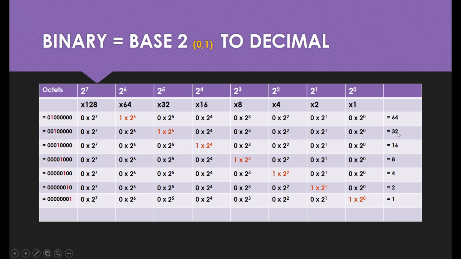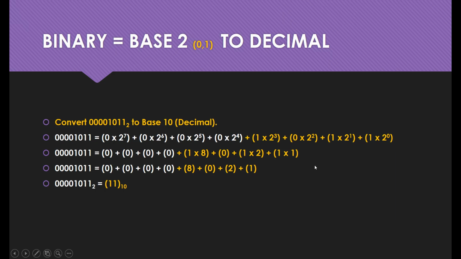So let's prove that by doing some examples. This is our first example, and we're going to convert 00001011, which is a base 2 number, to a base 10 or decimal number. We'll use the same process. We'll put the binary number there, then we'll start from the last one, which is 1, and we multiply it by the base number exponential 0.